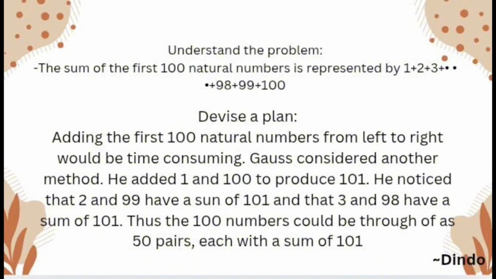He added 1 and 100 to produce 101. He noticed that 2 and 99 have a sum of 101, and 3 and 98 have a sum of 101. So the 100 numbers could be thought of as 50 pairs, each with a sum of 101.